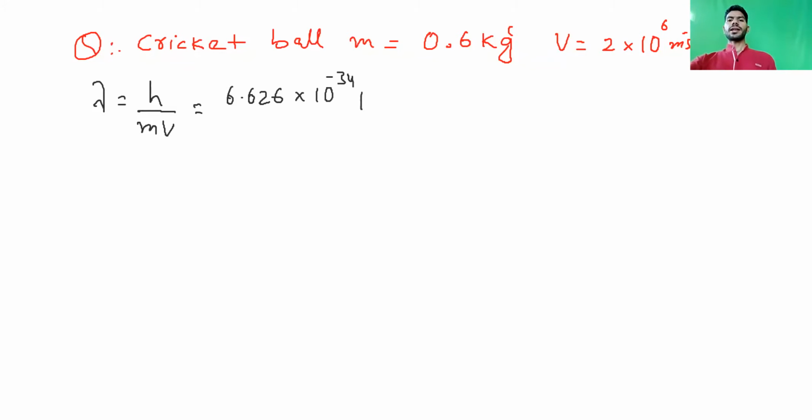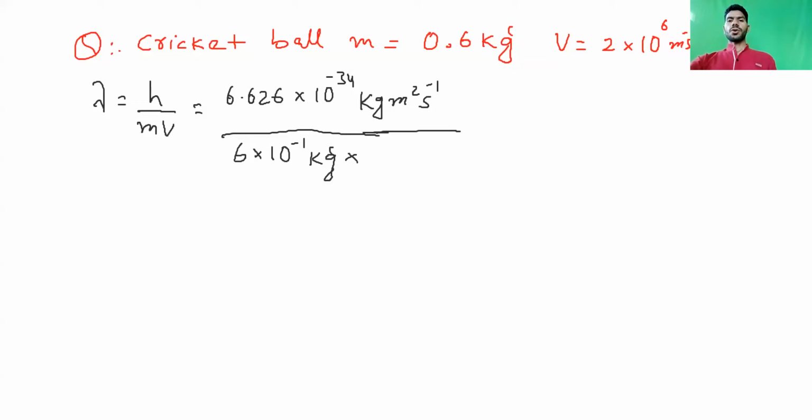Now in place of joule second, I have already told that I can write kg meter square per second. Okay. Now tell me, what is the mass? Mass I have told as 0.6 kg. So can I write 0.6 as 6 into 10 to the power minus 1 kg? Isn't it? I can write like this.